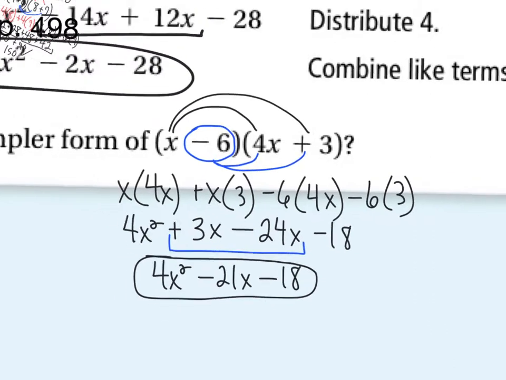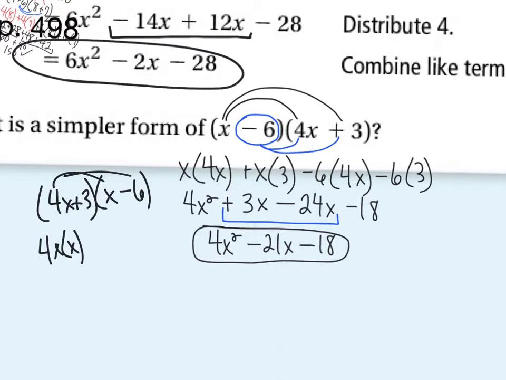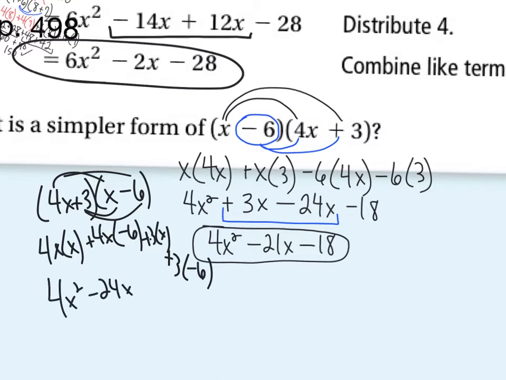One way you could check it is you could rearrange these this way, and you could work that out. So 4x squared minus 24x plus 3x minus 18, and then you get the same thing.